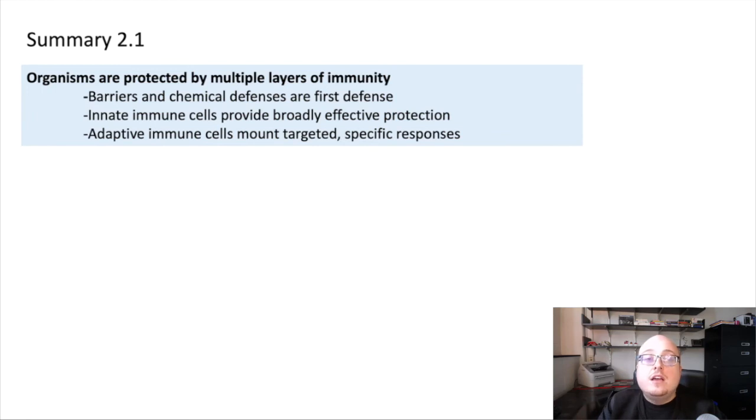When these fail, we have very ancient intrinsic innate immune mechanisms, as well as a variety of innate immune cells, which provide broad, antigen non-specific protection. If those components of the innate immune response fail, we then need to invoke our adaptive immune system. And remember that the adaptive immune system needs the innate immune system primarily in order to present antigen so that we can activate naive lymphocytes of the adaptive immune system.